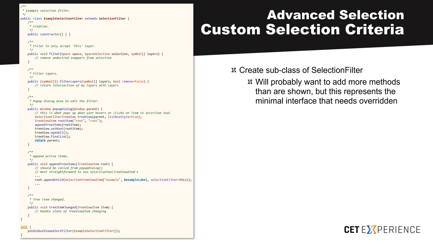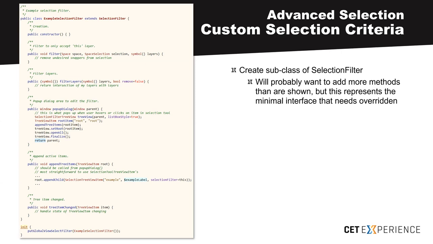So you have the filter method, which is going to take in a space selection and remove snappers that don't match your internal criteria. Then a couple methods down, we have a pop-up dialog and append tree items. Those are going to dictate what the UI actually looks like. And if you look closely, you're going to see a couple classes pop up in those methods.